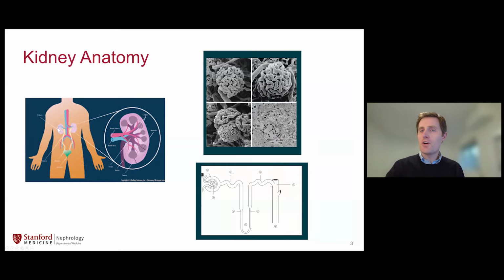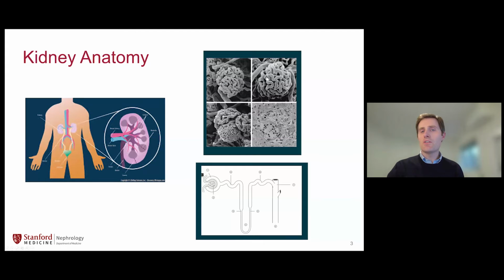I joke with our urology colleagues that once the kidneys produce the urine, everything south of the kidneys is a plumbing problem. On the right-hand panel, you can see if you actually break the kidneys down, what you have microscopically on each side, each kidney is composed of about 1 million of these individual kidney filtering units called nephrons.